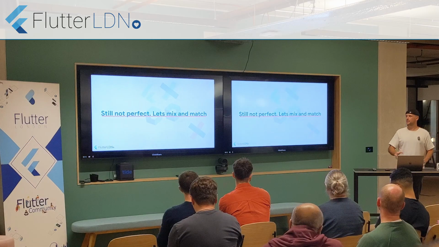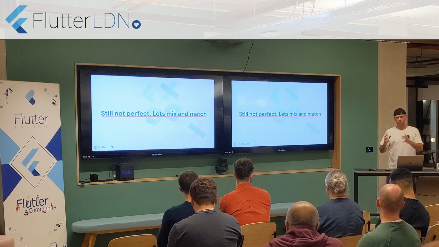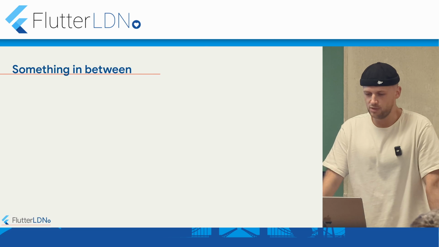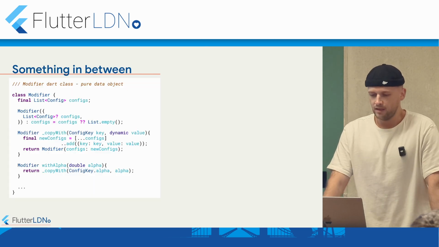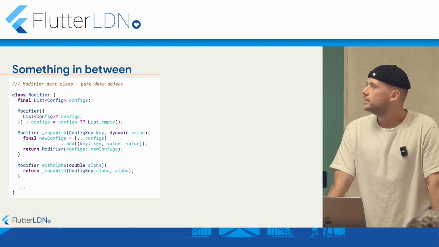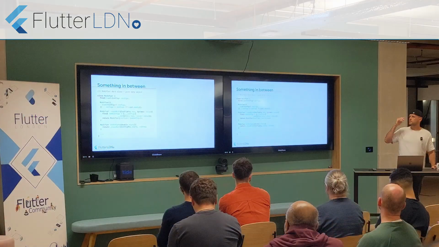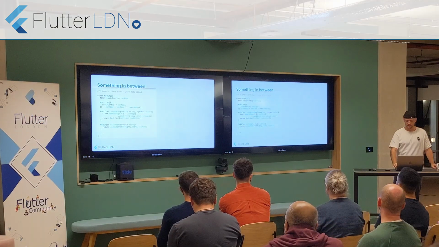But probably we still can do something in between two worlds. Not really Compose, not really Flutter, not having separate wrappers. I was like, yeah, let's do something in between. So on the left is the same modifier, same Dart class, Dart object in the end.